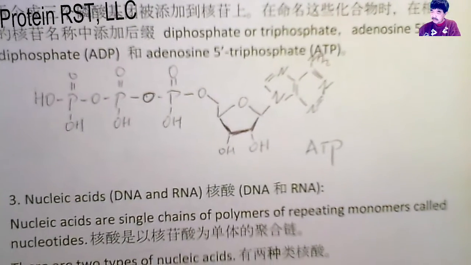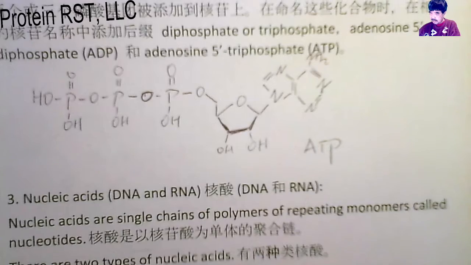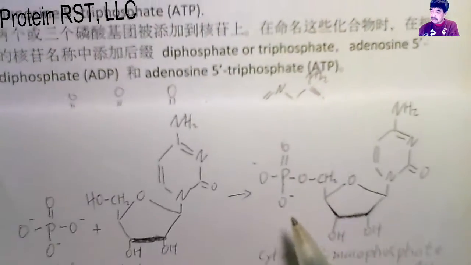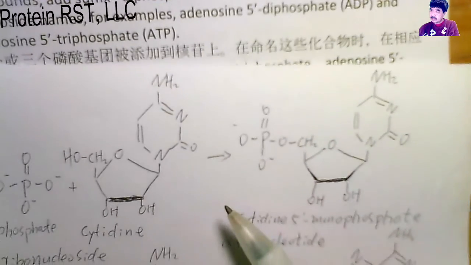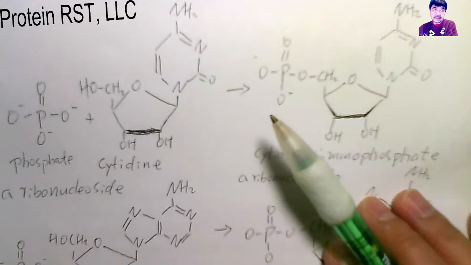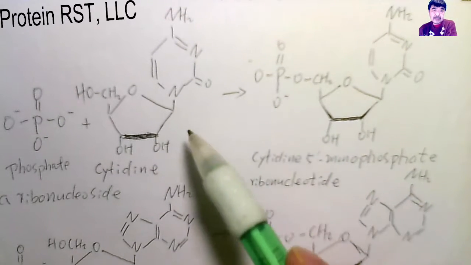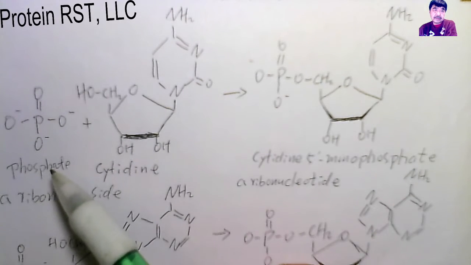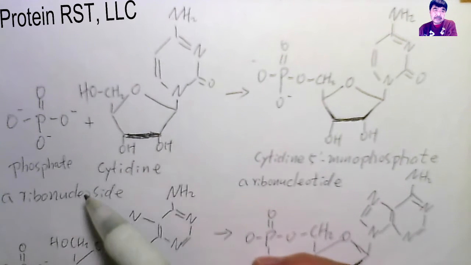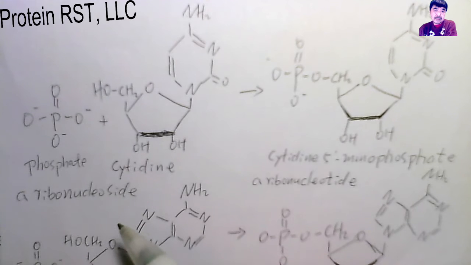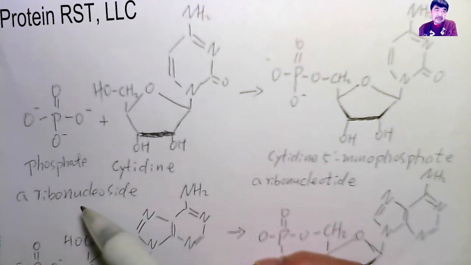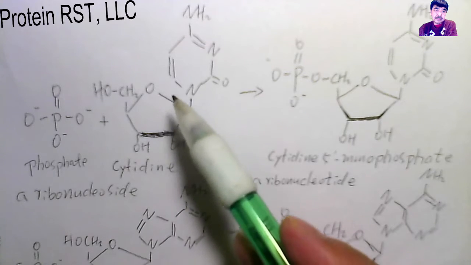Next, let's take a look at those structures here. This is a phosphate. This is a cytidine ribonucleoside.